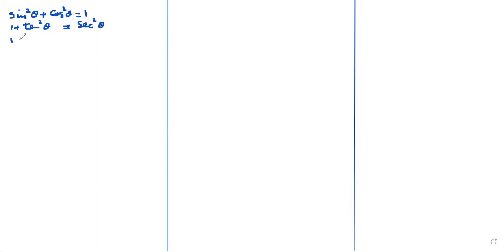The third one is 1 plus cotangent square theta equals cosecant square theta. This is true for every value of theta. So these are the three identities, and now I'll do exercise 9.2.